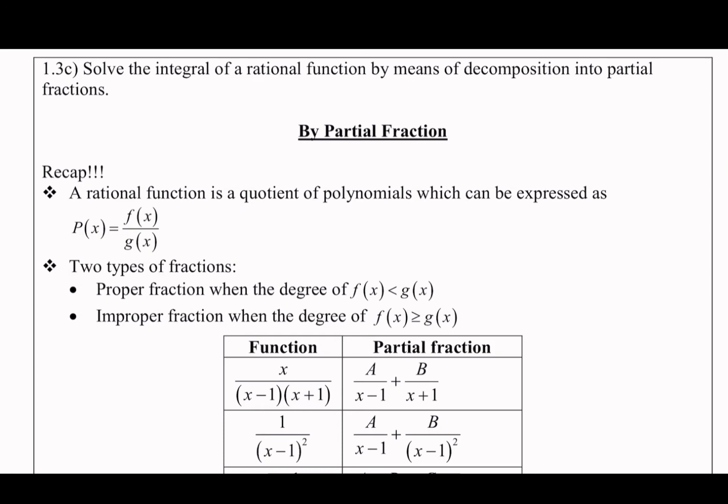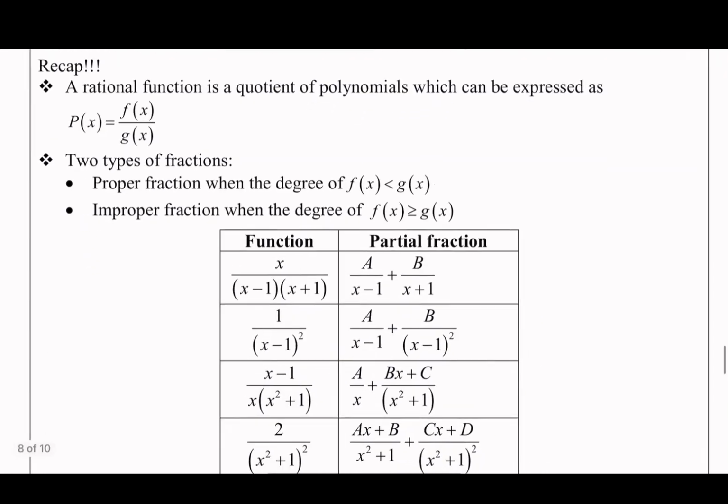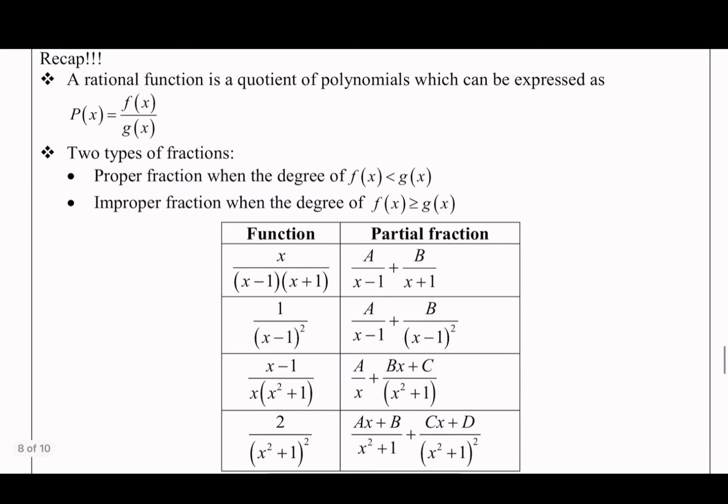Okay, so kita recap sedikit untuk partial fraction ni, mungkin some of you ada yang lupa. So a rational function is a quotient of polynomials which can be expressed as f(x) over g(x). Okay, let's say saya ada satu function f(x) over g(x), and then there are two types of fraction, which is proper fraction and also improper fraction.